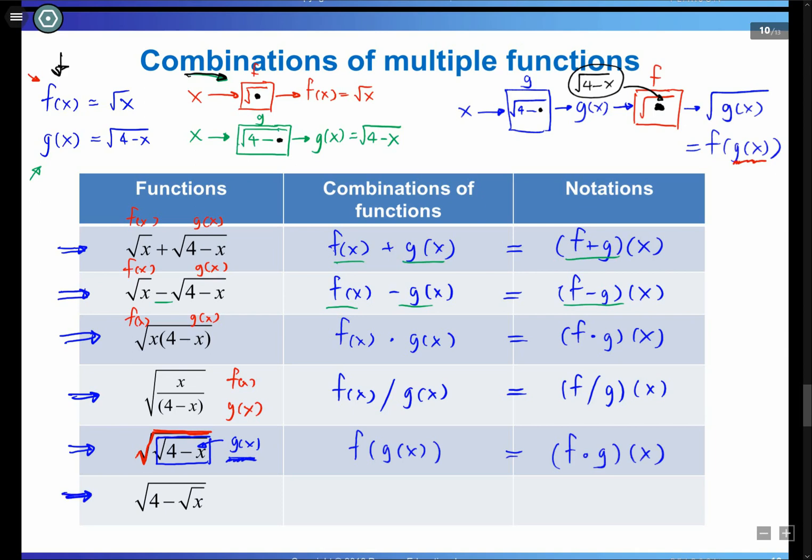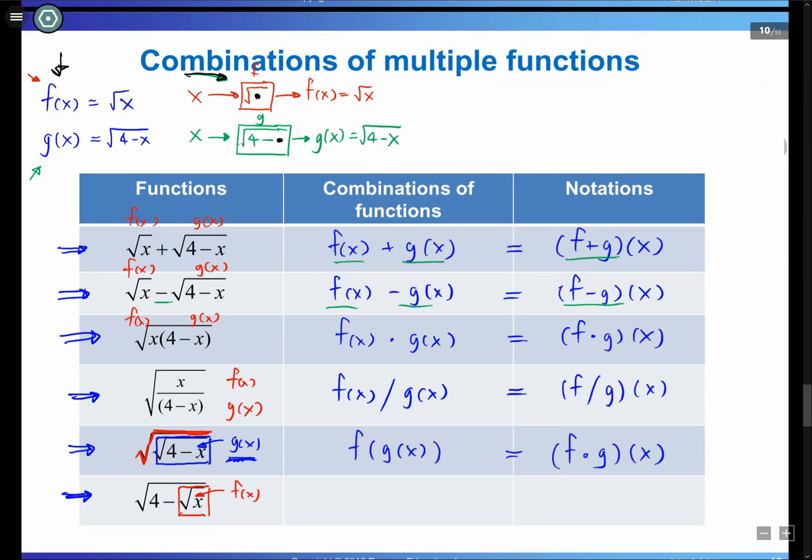Now let's take a look at the box right here. Okay, now I'm going to use green for this one. What about red? Let's take a look at this one as red and think of this as just one chunk. And inside this box it's square root of x, so we know that the inside is f of x. Alright, now we don't need this anymore, so I'm going to take this out.